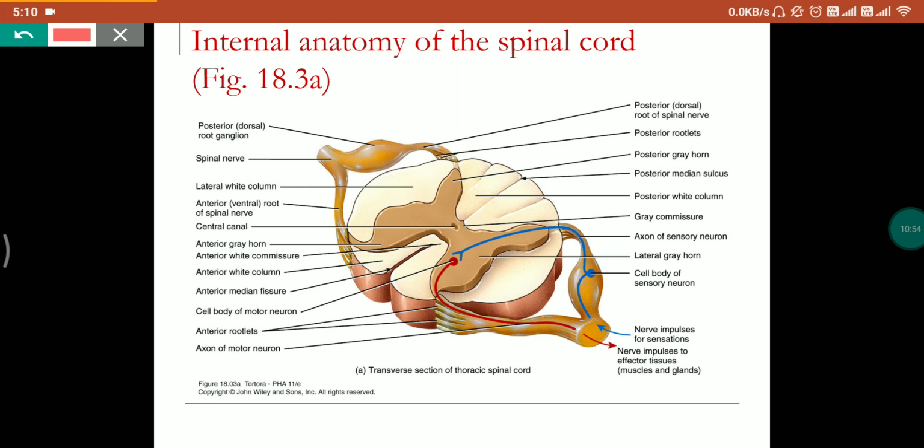See, here you can see the grooves which separate the entire spinal cord into left and right parts, and the gray matter in an H-shaped structure, and the middle one is called the gray commissure.